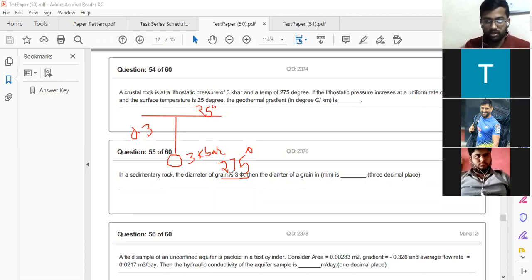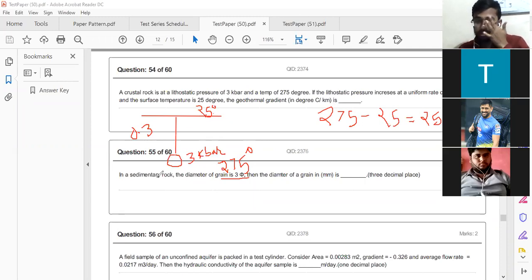We are calculating from the surface temperature, because at the surface we consider 0 degrees. So this 275 degrees Celsius is including this 25. First, to know the exact temperature at this rock, we need to subtract this 25, the surface temperature. So 250 is the actual temperature in degrees Celsius at this depth. Clear?